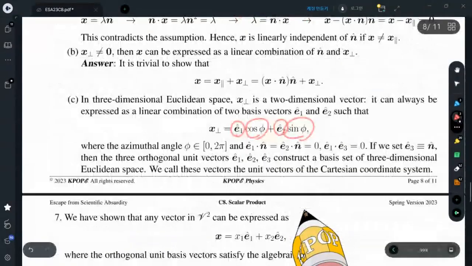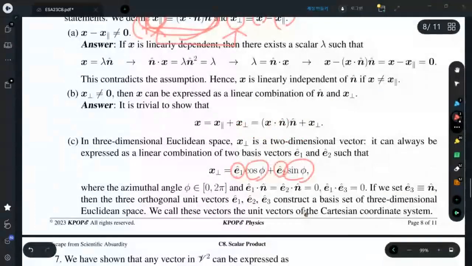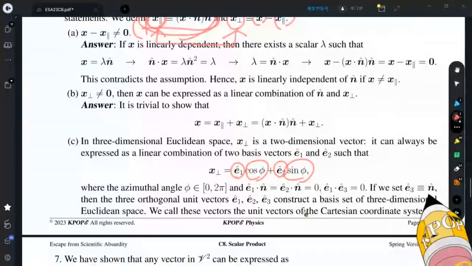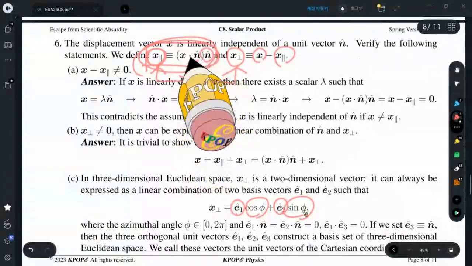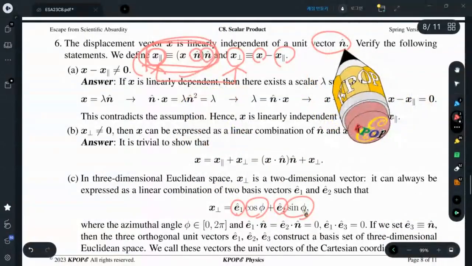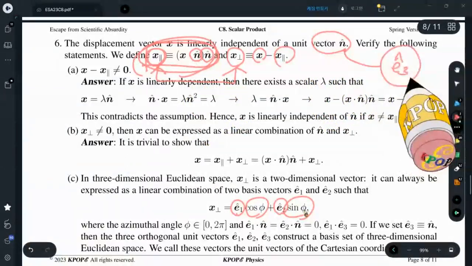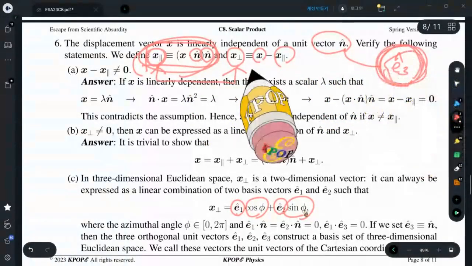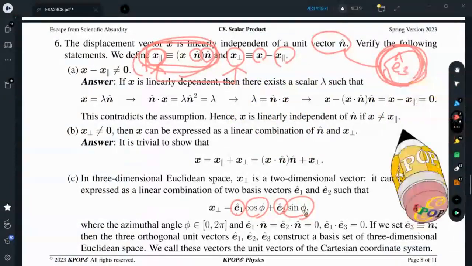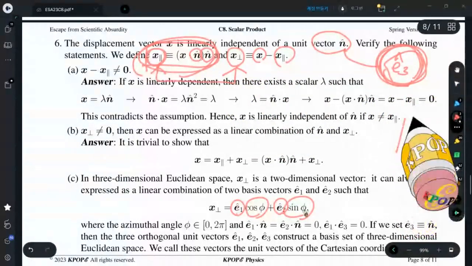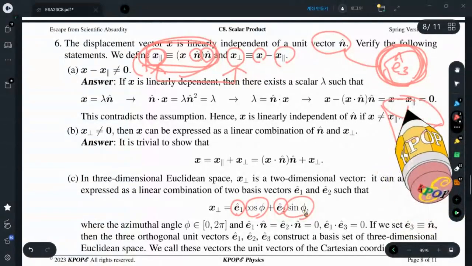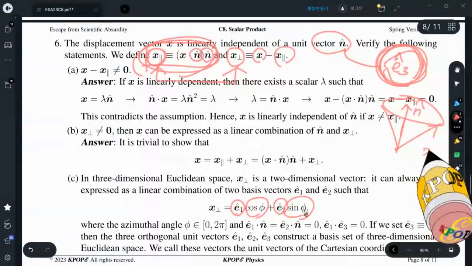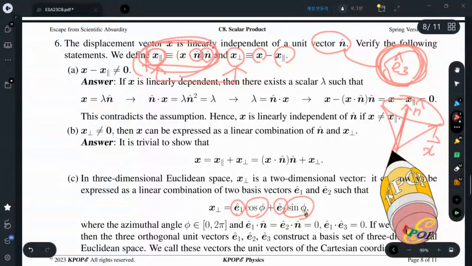Finally, this is to show in 3 dimensions how to choose a linearly independent set of 3 vectors. For example, first I choose an arbitrary vector that is now called E3 hat, and I remove that parallel component. Then what I get is the component perpendicular to it. I have a cone, some direction. This is an arbitrary vector, and the parallel component is this.